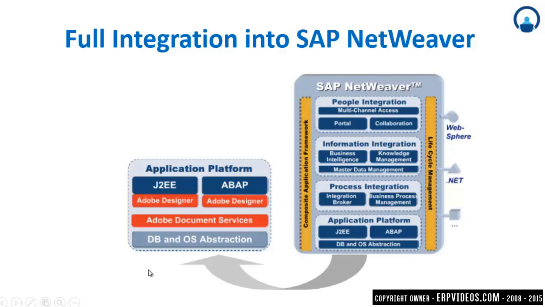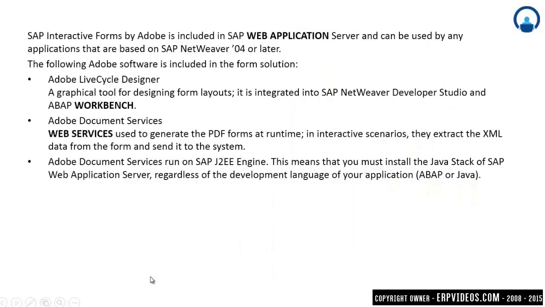Here we have two types of Adobe integration, that is one with Adobe Designer for Java and one with Adobe Designer for ABAP. The SAP Interactive Forms by Adobe is included in the SAP Web Application Server and can be used by any applications that are based on SAP NetWeaver, that is version 04 or later.